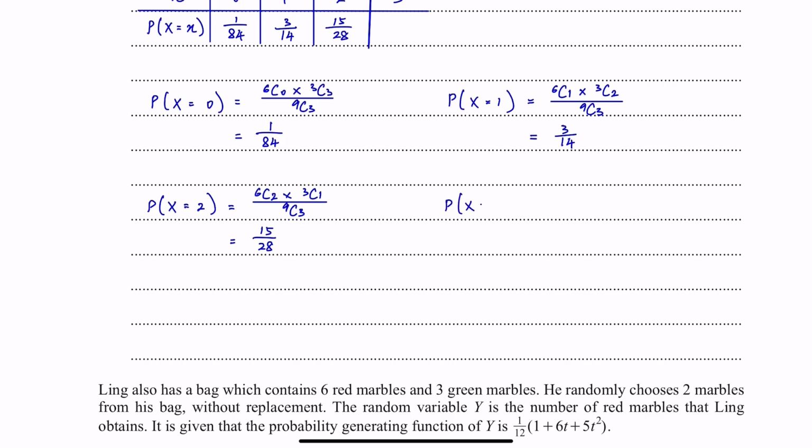For x equals 3, that means he gets 3 red marbles and no green marbles. So 6c3 times 3c0 over 9c3. This would be 5 over 21.